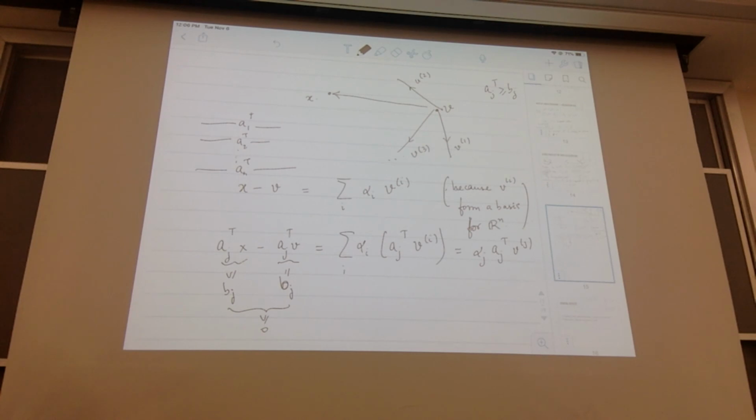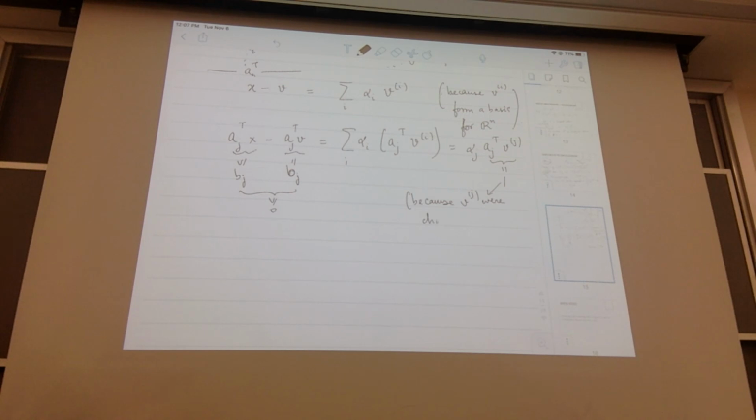And by the way I picked bj, this turns out to be equal to 1, because these were chosen to be the columns of the inverse. So this is equal to 1, and this guy was non-negative, and this implies that alpha is non-negative.